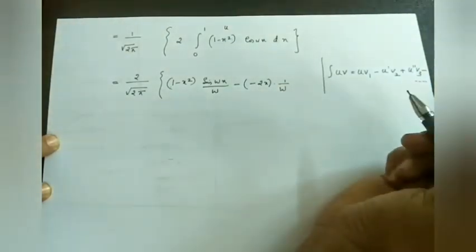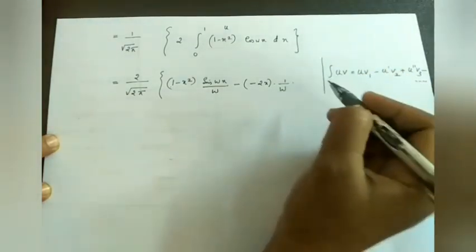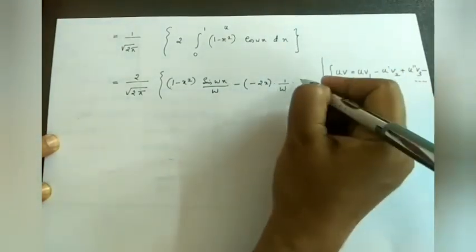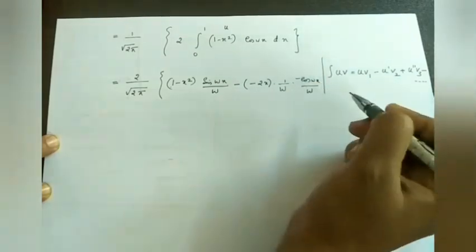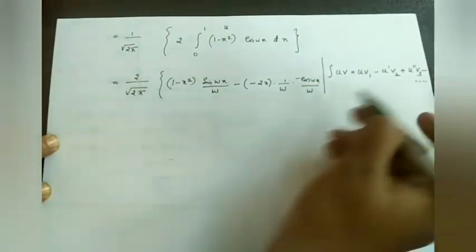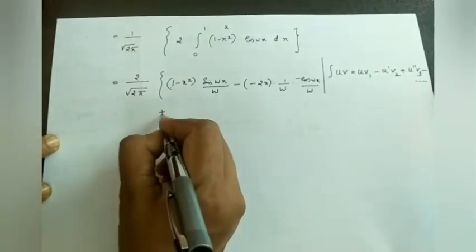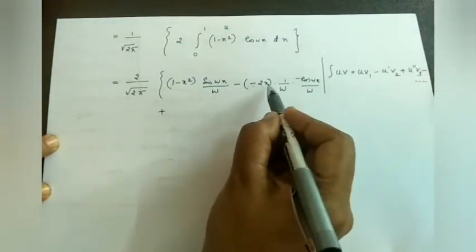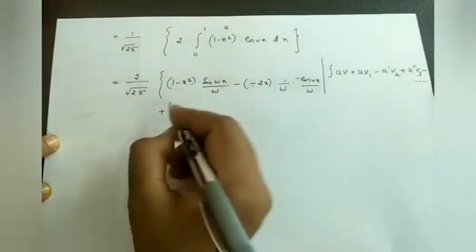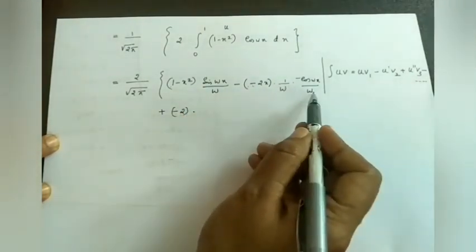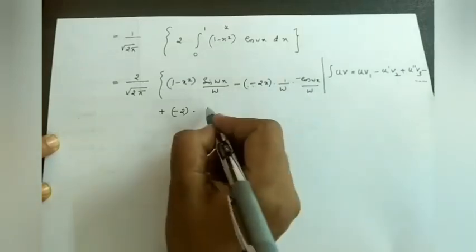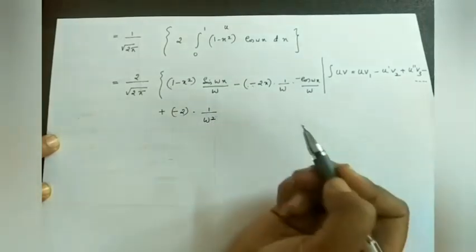Now the integral of sin omega x is minus cos omega x by omega, then plus sign for the third term, integral of minus 2x, that is minus 2. Then here we have 1 by omega into 1 by omega, that is 1 by omega square.